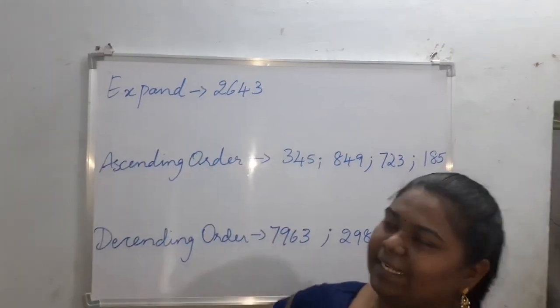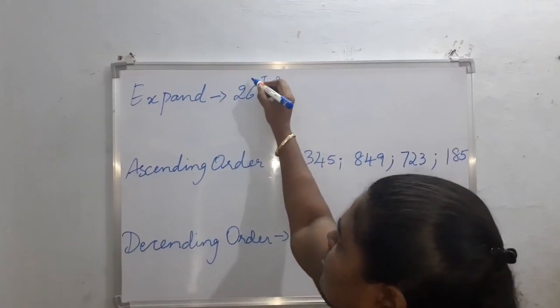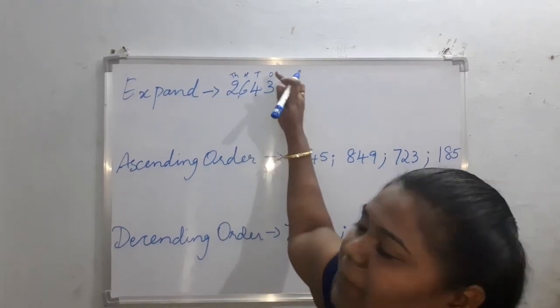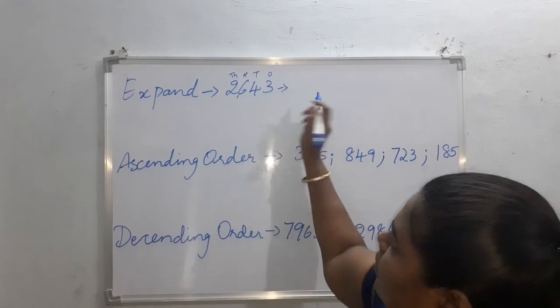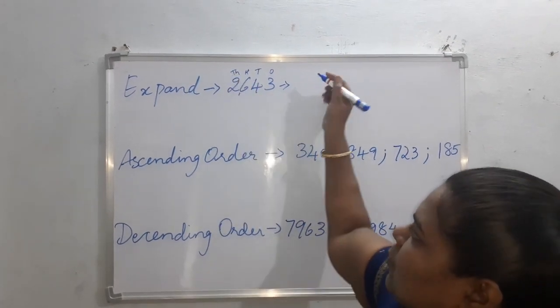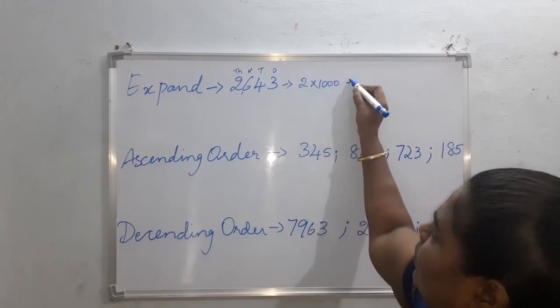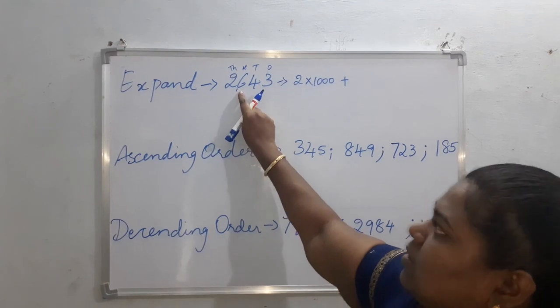So here, let us know about expanded form. So here it's ones, tens, hundreds, thousands. When you have a number, write the place value on the top and expand it. So 2 is in thousands place. So it is 2 into 1000 plus the next digit is 6, which is in hundreds place.